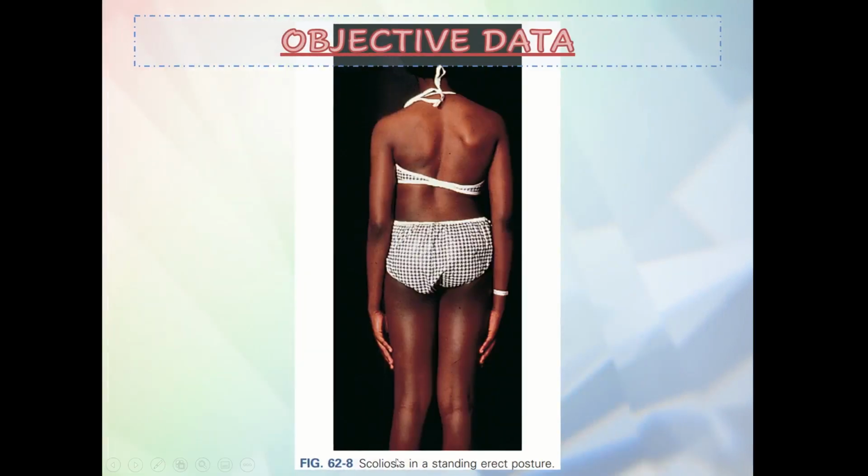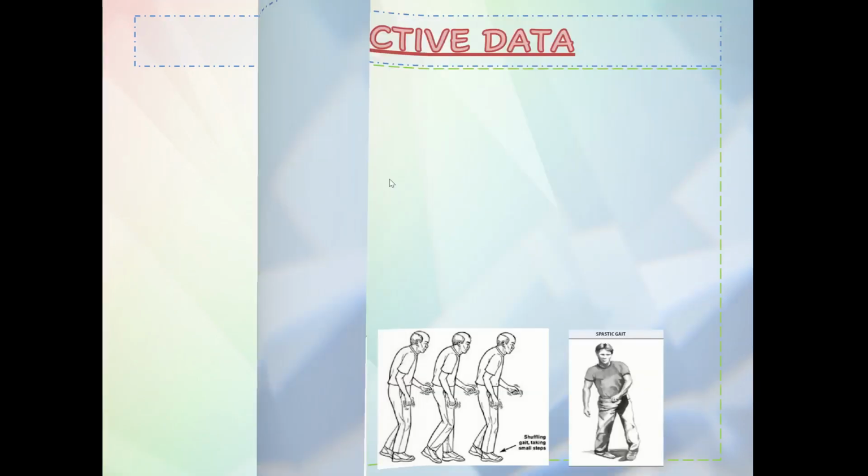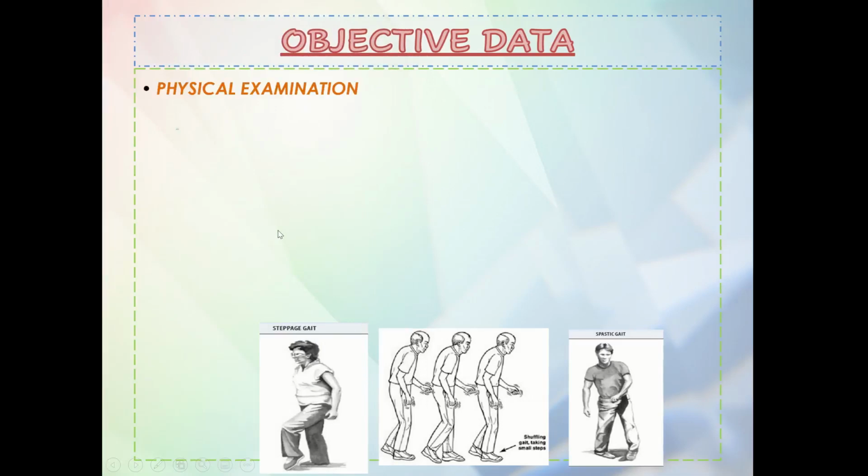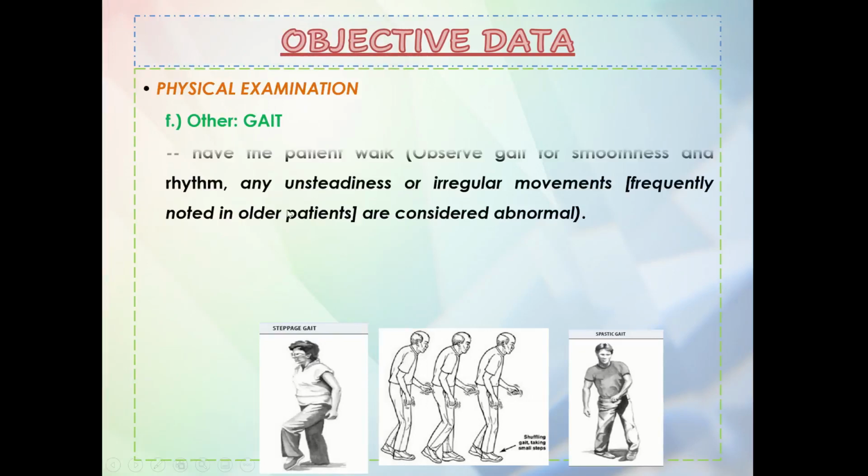So, ito yung another picture of the scoliosis in standing erect posture. So, ayan, hindi pantay yung kanyang scapula and the shoulder. So, S-shape siya. And then, gait naman. So, after the posture, we ask the client to walk para makita natin yung kanyang gait.